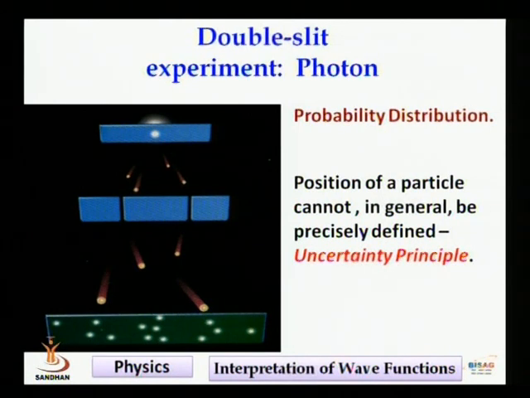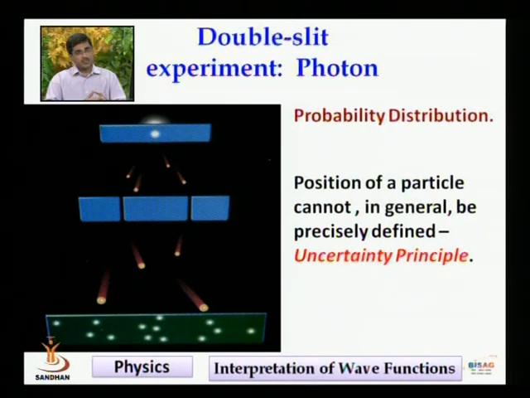But we also know from previous experiments, by Planck while studying black body radiation, the photoelectric effect, and other experiments performed by other scientists, that for such microscopic particles, position and momentum together cannot in general be precisely measured. Similarly, we cannot measure energy and time very precisely.